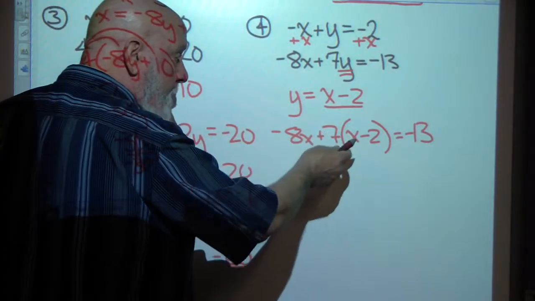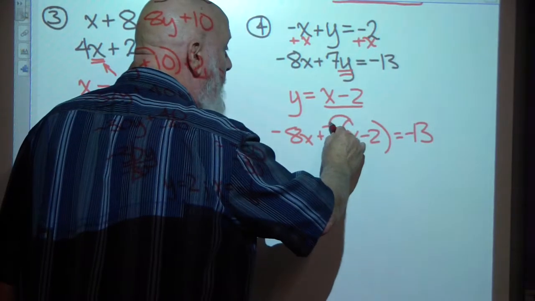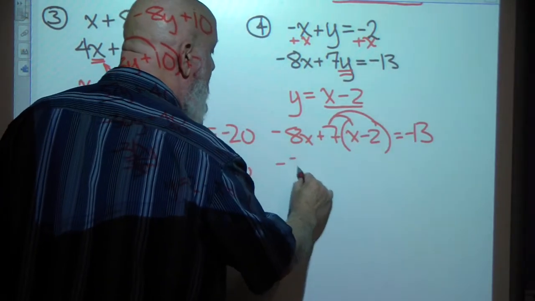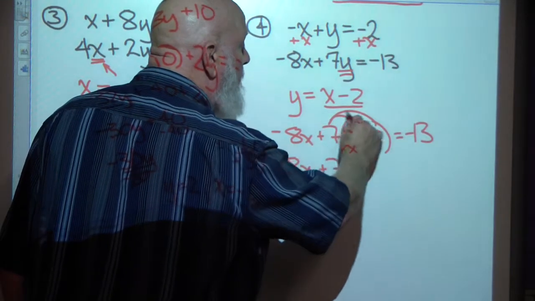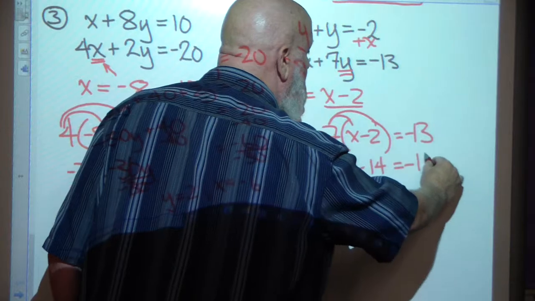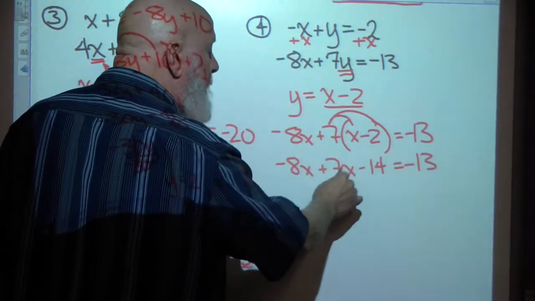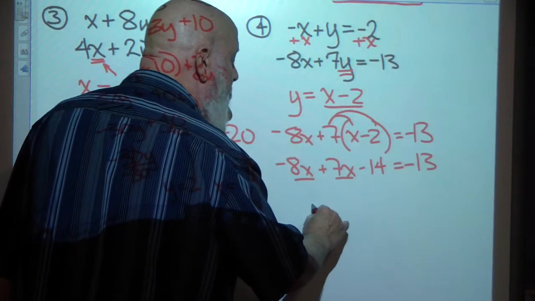Now I'm just going to open my parentheses, do my combination of like terms, and hopefully I won't make any mistakes. So here we go, negative 8x plus 7x minus 14 is equal to negative 13. Negative 8x plus 7x, combining like terms, will give me negative 1x. I'll just call it negative x.